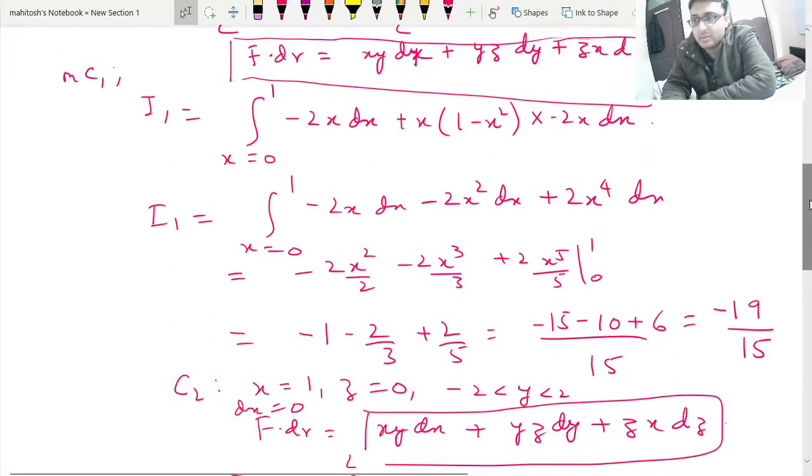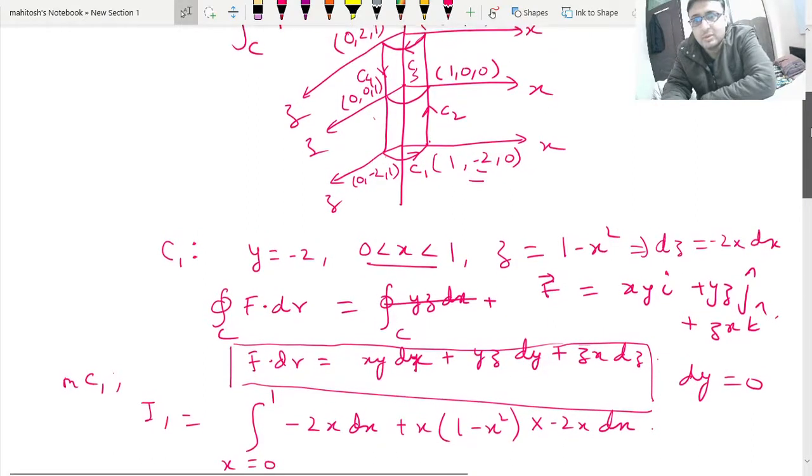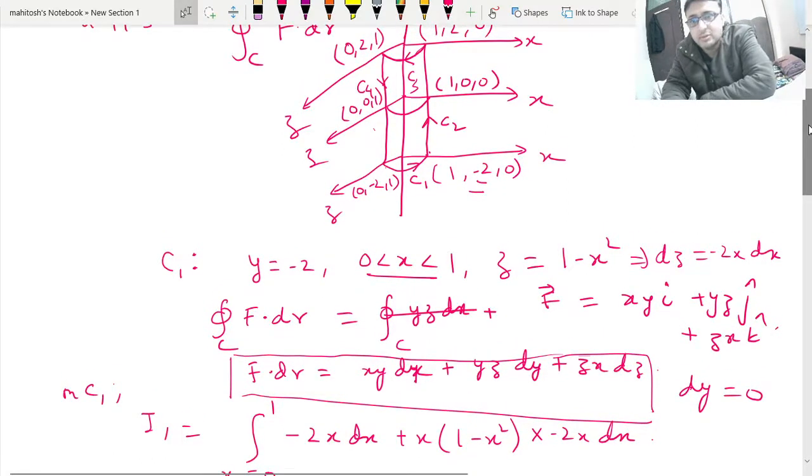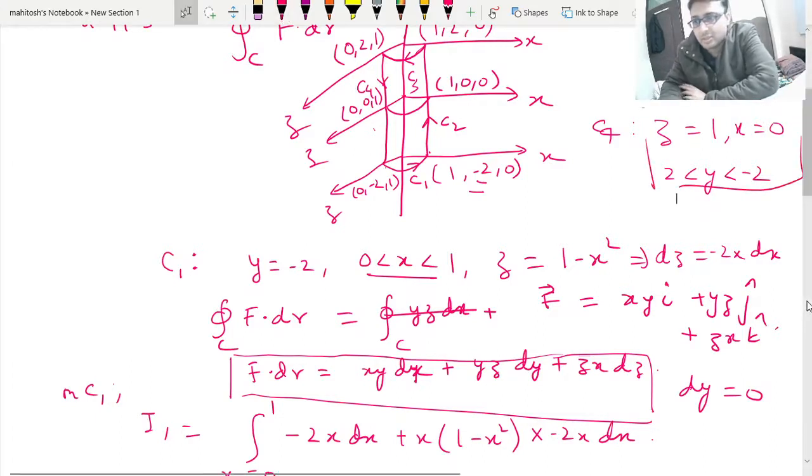And similarly, we have to write for C4. On C4 also, we can see our Z is equal to 1, right? X is equal to 0 and Y varies from 2 to minus 2. Okay. So for this part also, it is supposed to be 0.